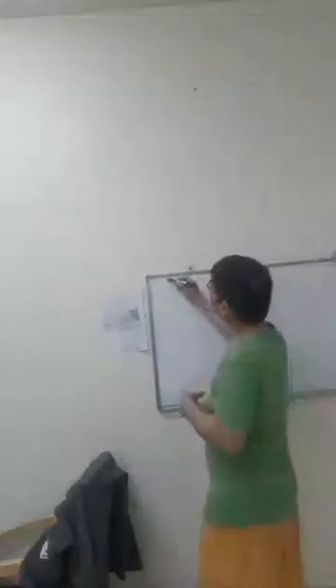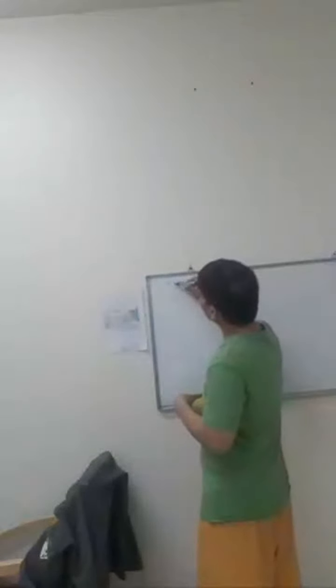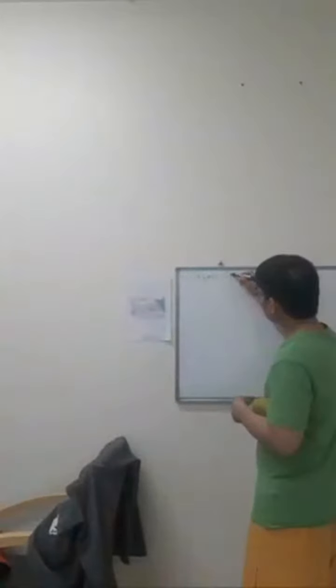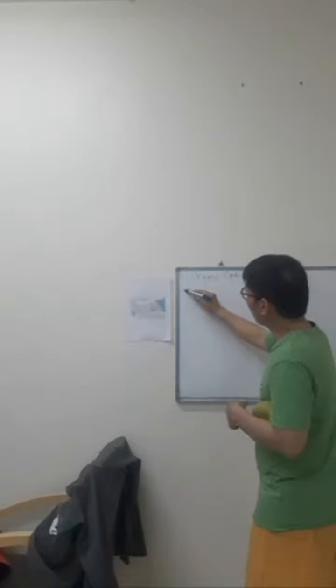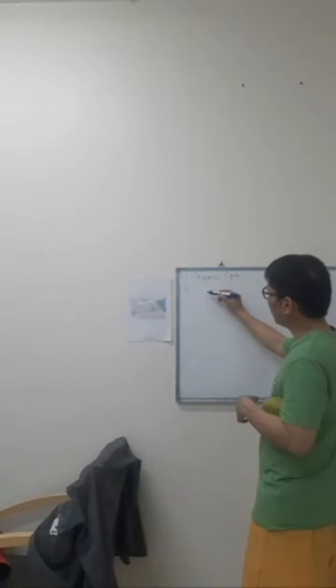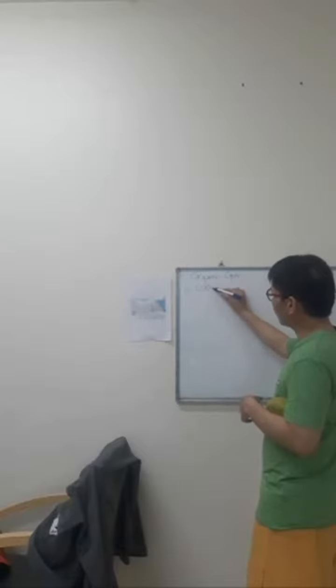So we have organic compounds. I will just put CPDs, an abbreviation of compounds, right? CPDs, organic compounds, like that. So, the first common functional group will be the carboxylic acid. This is COOH.